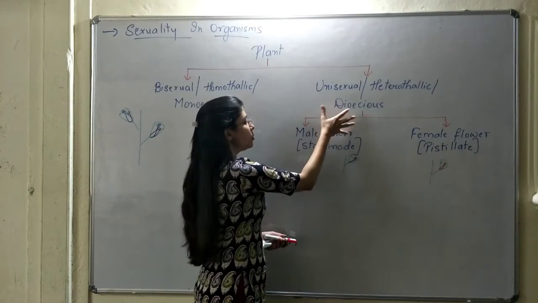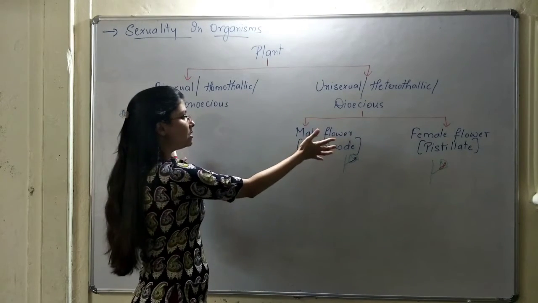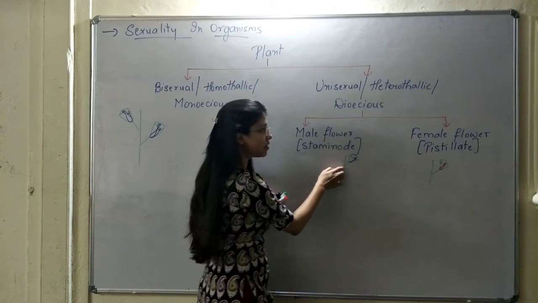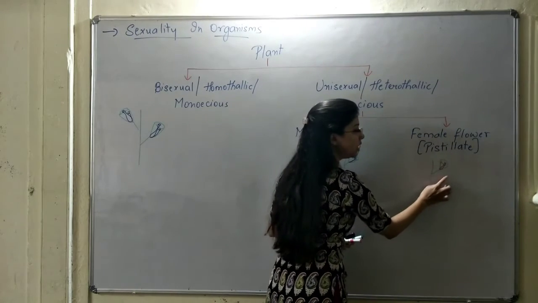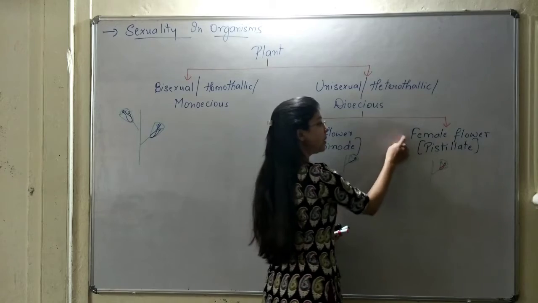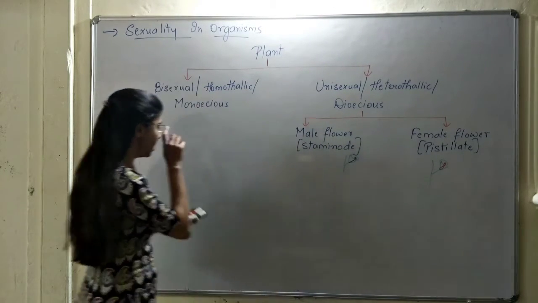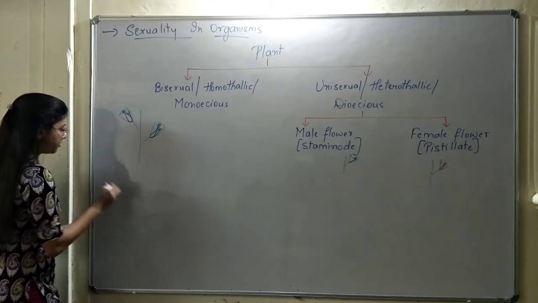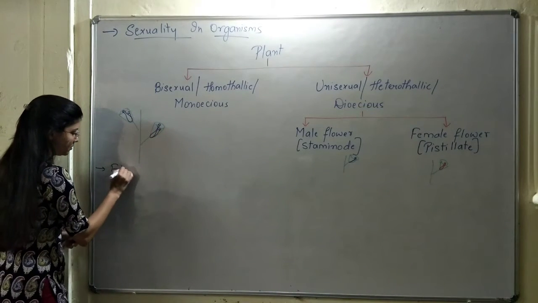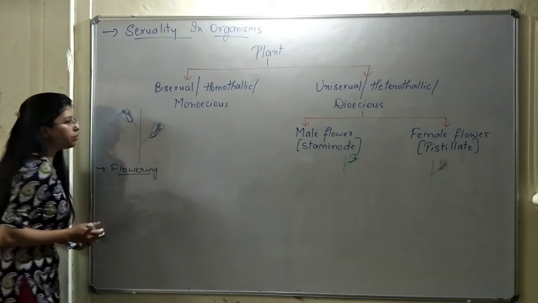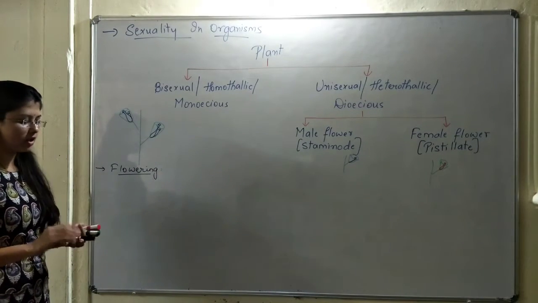So when I'm talking about the plants, as you can see in the diagram, this is a plant with only male flowers. Here there is a plant with only female flowers, right? Now the female flower will be called pistillate, not the plant. When you talk about flowers or the flowering condition, depending upon these, there can be different types of situations.